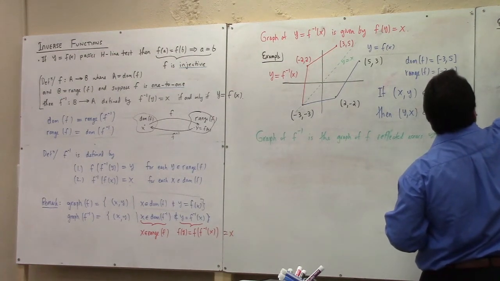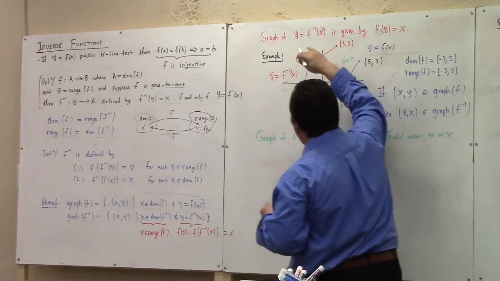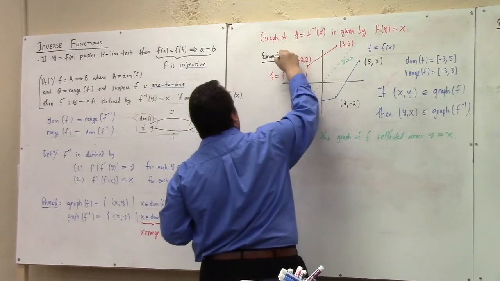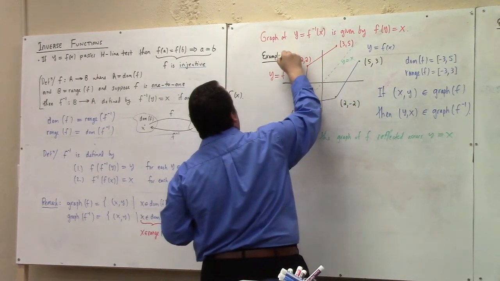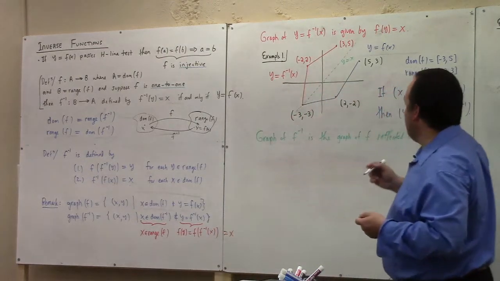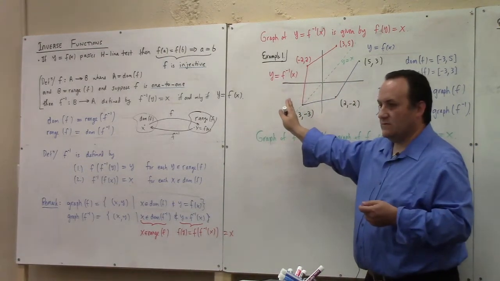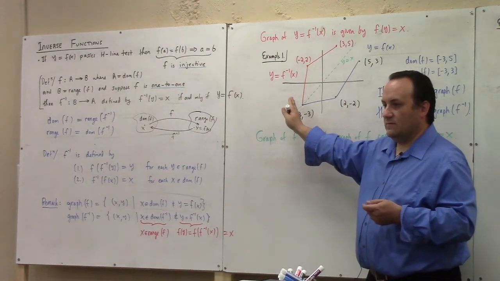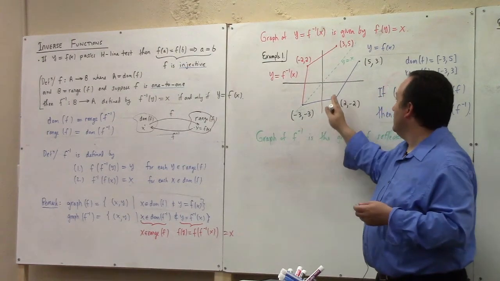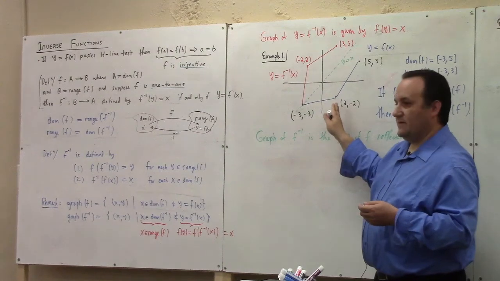Oh, hey, can you tell me one thing more before I leave this example? Did my prediction about domain and range play out? What was the domain of the inverse function? It went from what? Negative 3 to 3, right?